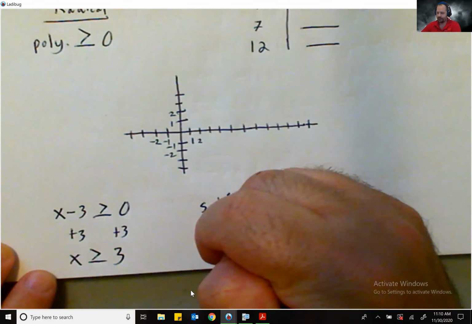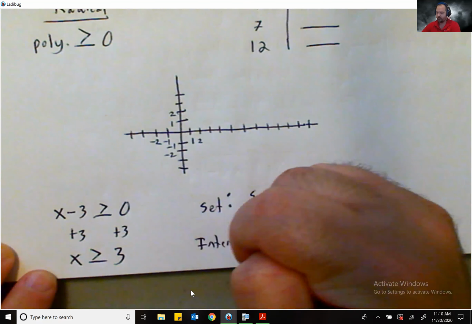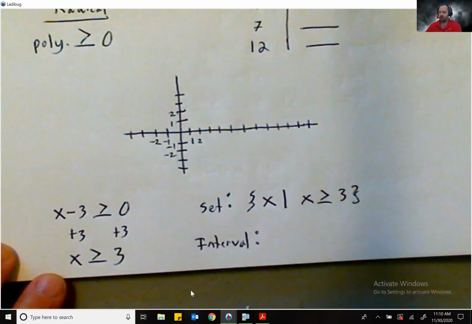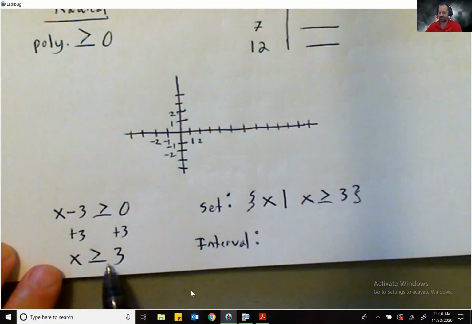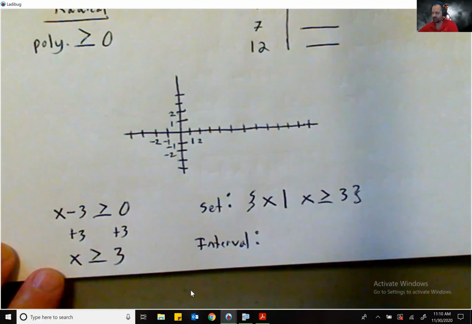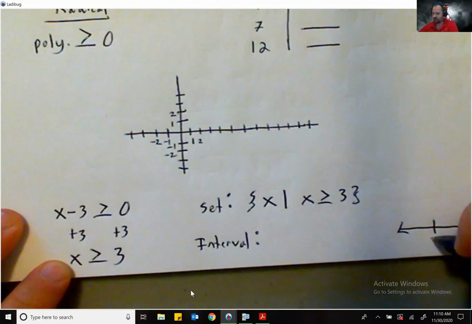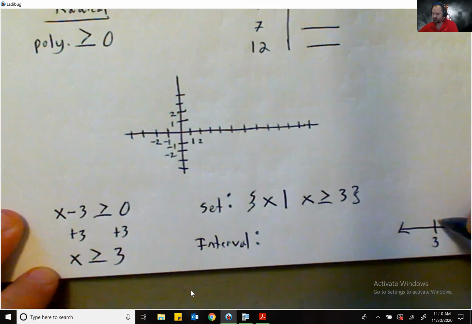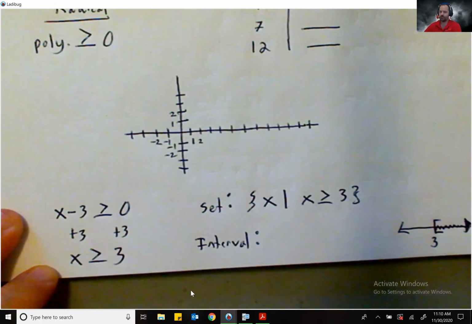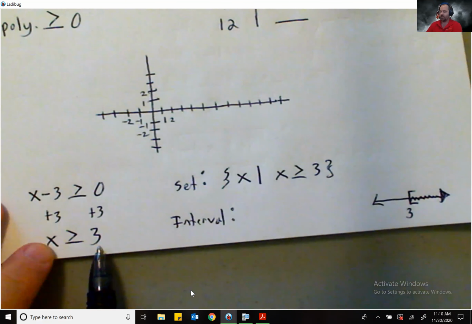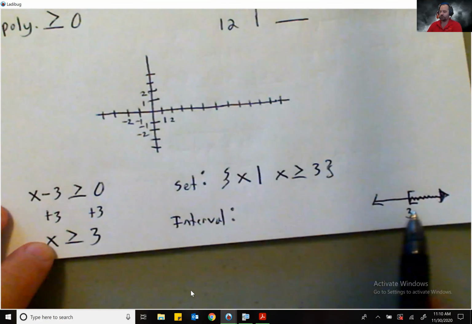Interval is super easy. If you made a quick graph of this, it will look like this. It's a bracket and shades to the right. So if I made a quick graph of x greater than or equal to 3, where does my shading start?